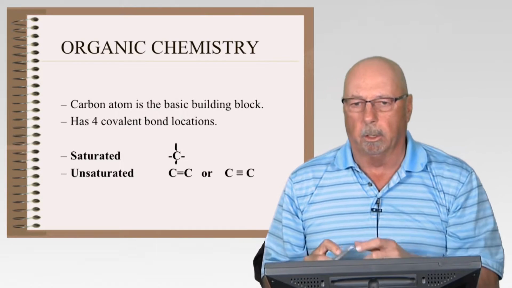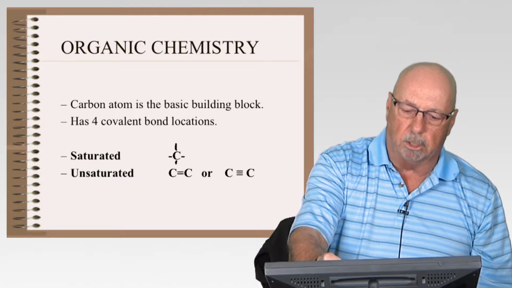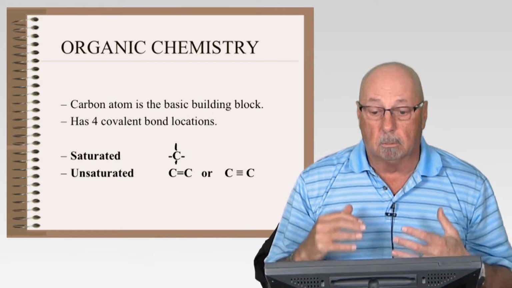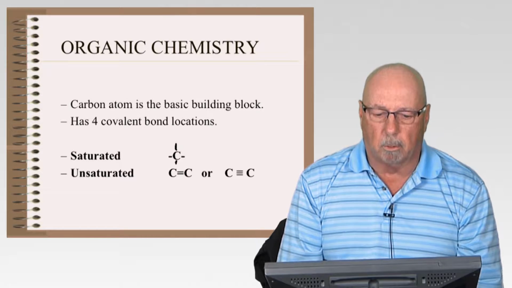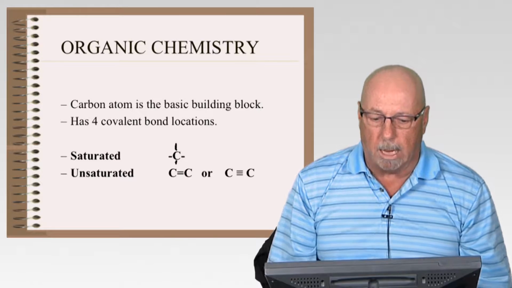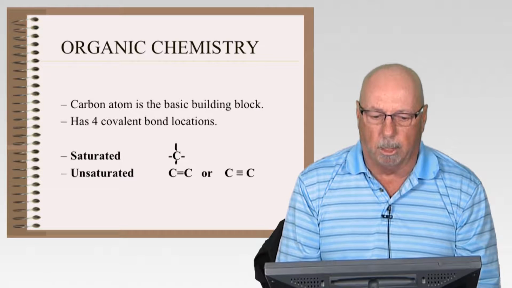You can see here that we could bond some chemical to each one of those bond locations, and that will form some molecule or compound that we're trying to make and utilize in our chemical formulation.